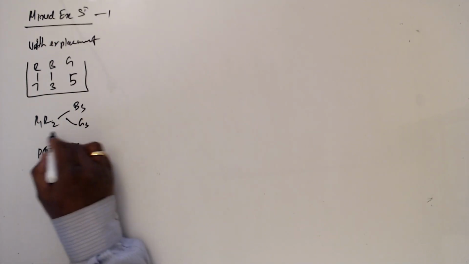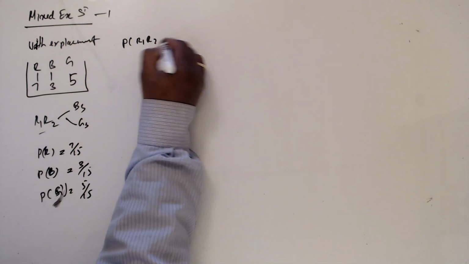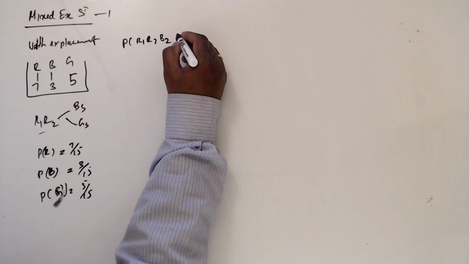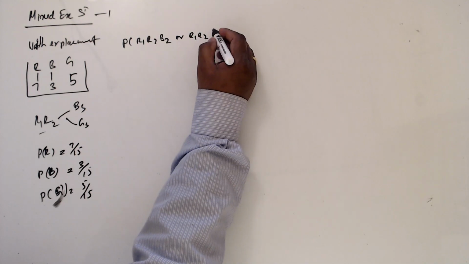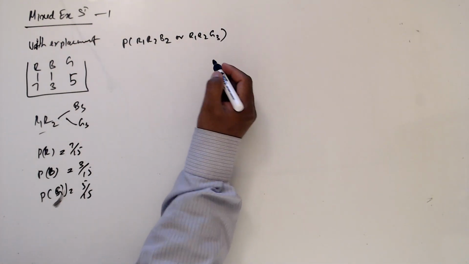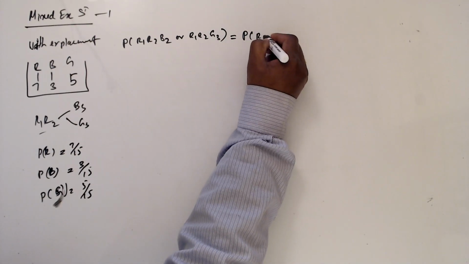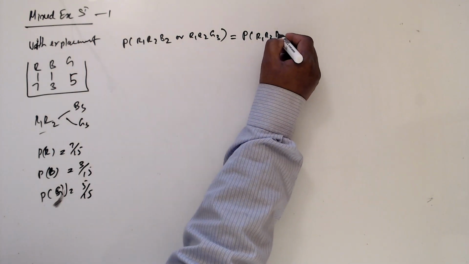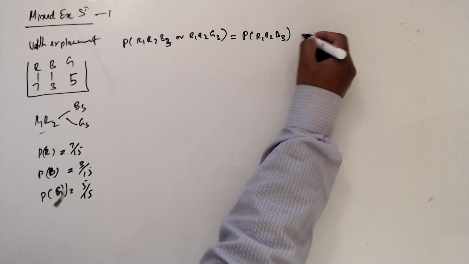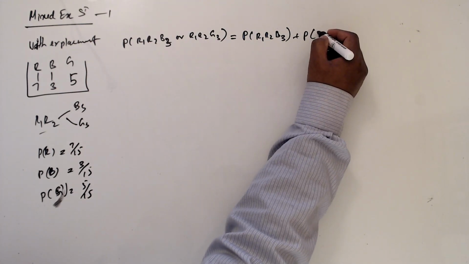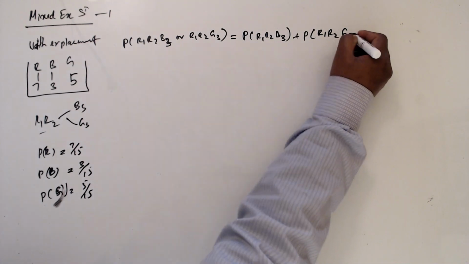Now here we have two options, probability of R1, R2, B3 or R1, R2, G3. So this is equal to probability of R1, R2, B3 plus probability of R1, R2, G3.